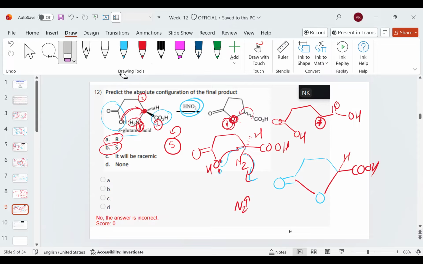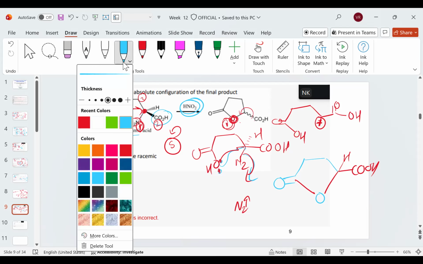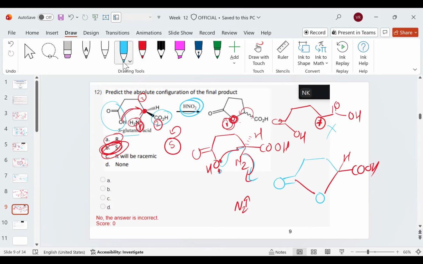But why have they given this S configuration? That's the worry. In their exam they have given S, but I think R is the more feasible and logical answer here. As you also pointed out, the carbocation is not going to form because it is alpha to the carbonyl, and a carbocation alpha to a carbonyl is very unlikely to form.